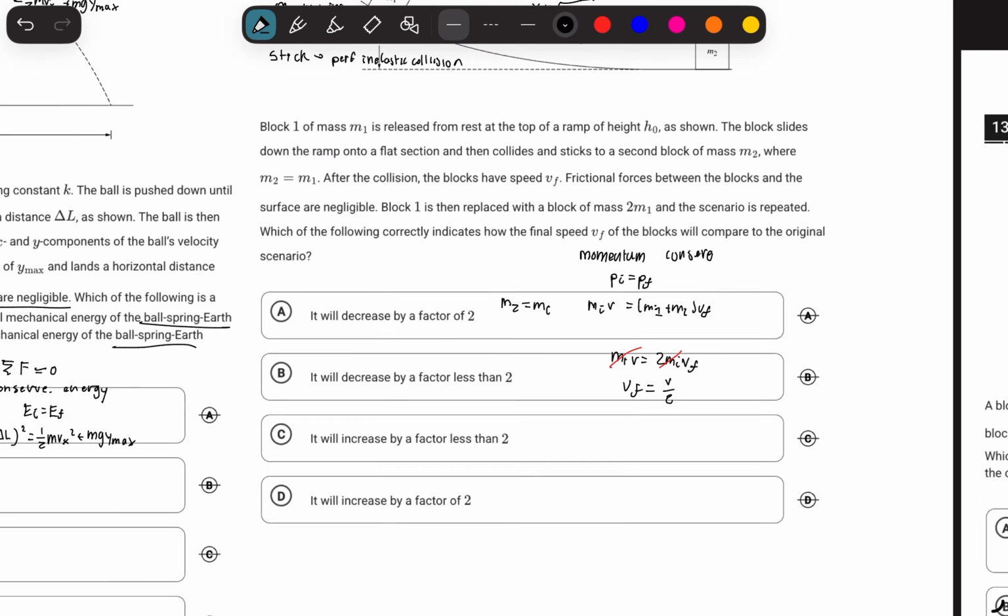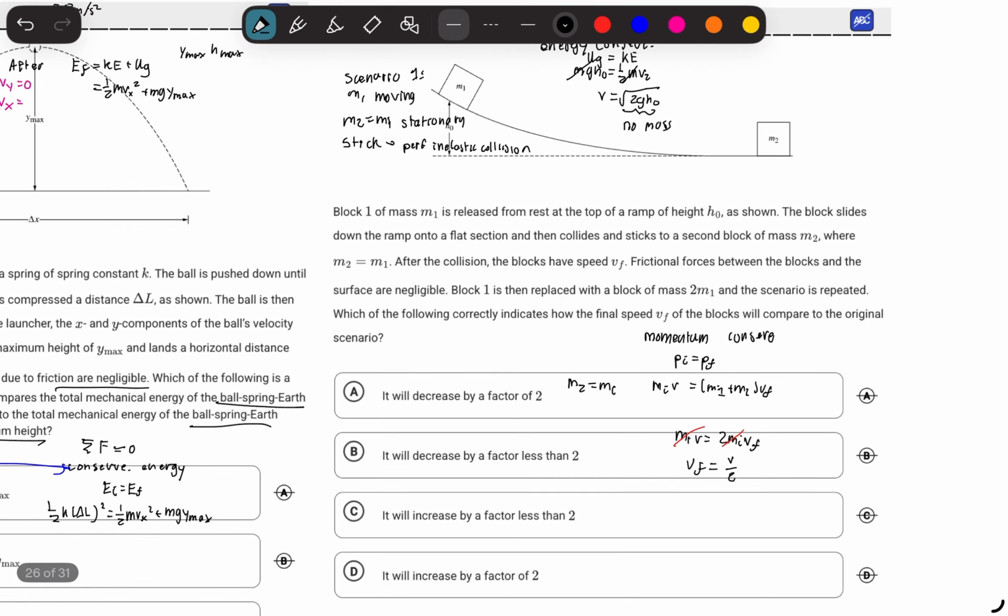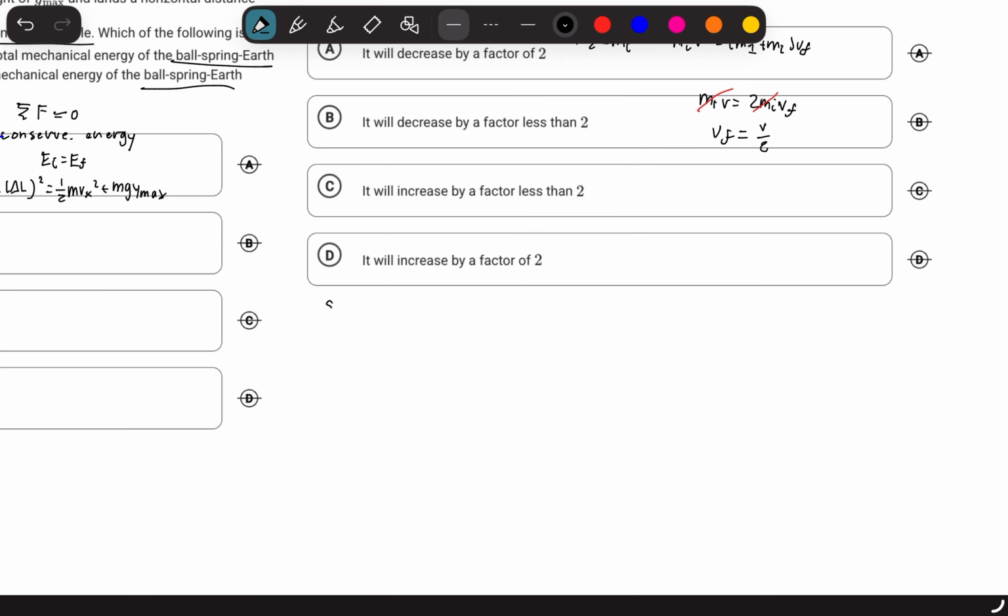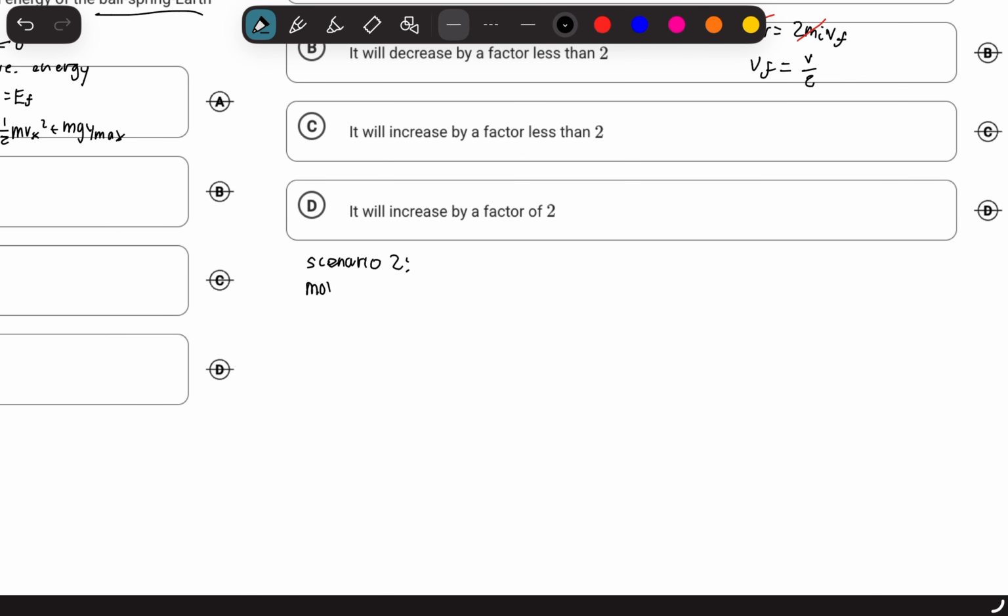Now, what about scenario 2? In scenario 2, the mass of the moving block is 2M1.